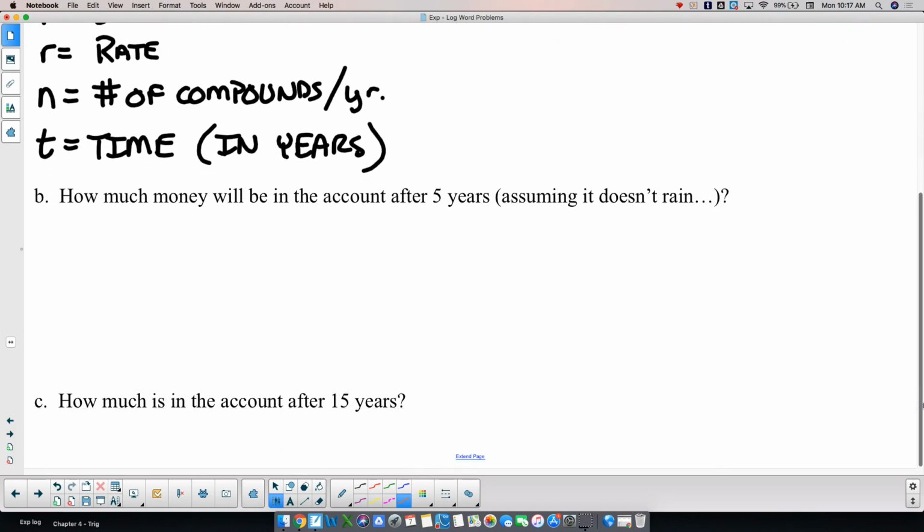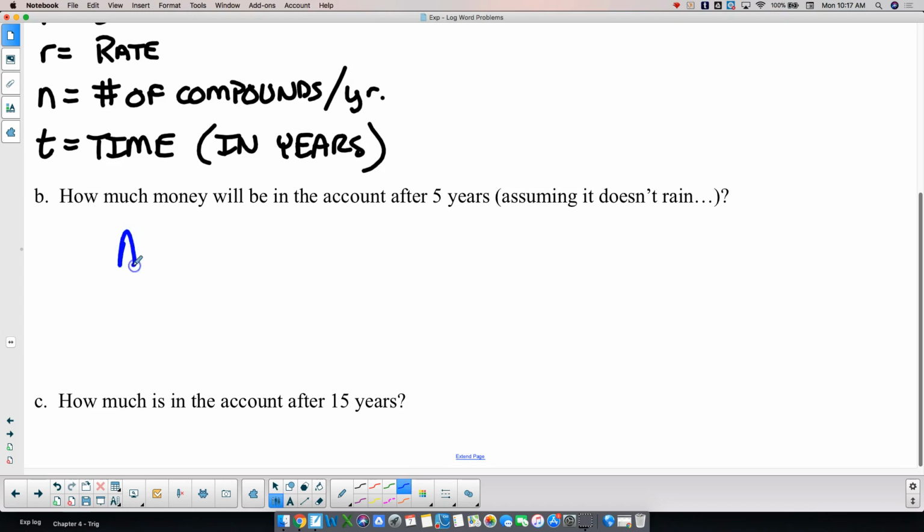B says, how much money will be in the account after 5 years, assuming that, since this was her rainy day fund, it didn't rain. Meaning she didn't take any money out of the account, left it all in there.